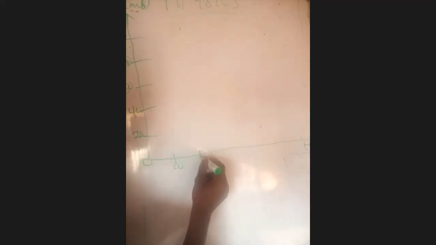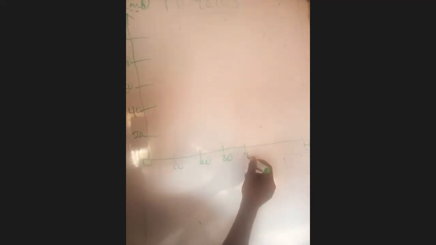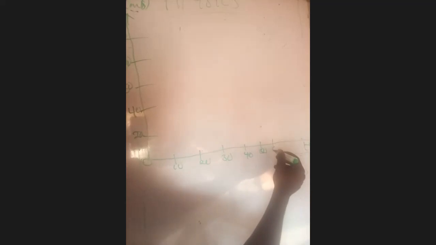So that's velocity. The car started from rest, accelerates uniformly and attains a speed of 80 meters per second in 30 seconds. Now let's put our time here: 10, 20, 30, 40, 50, 60, 70, 80.